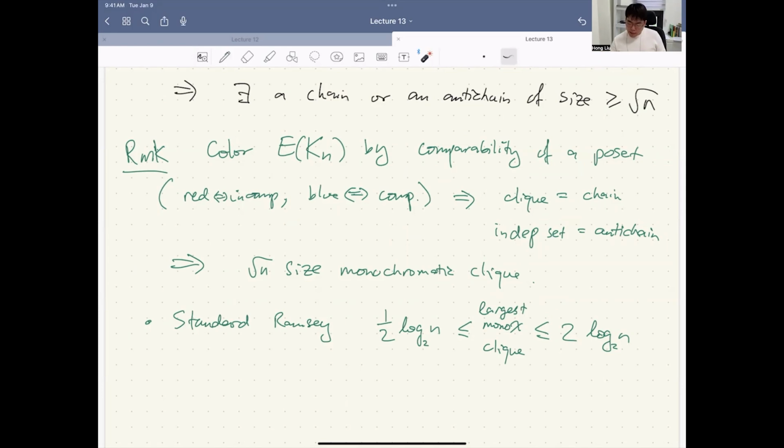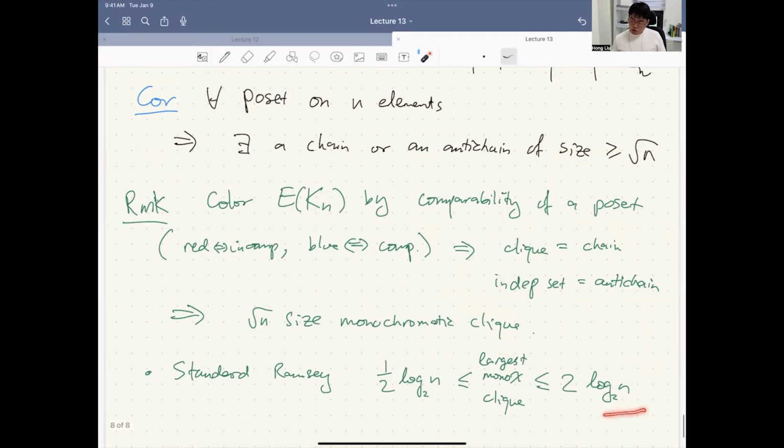So, we've seen this one in the introduction part by a random coloring, showing that you have an exponentially large random coloring without large monochromatic clique. And this is not so hard to prove. 2 minus epsilon is a recent breakthrough, but with 2, it's not hard to prove. I will encourage you to do it as an exercise.